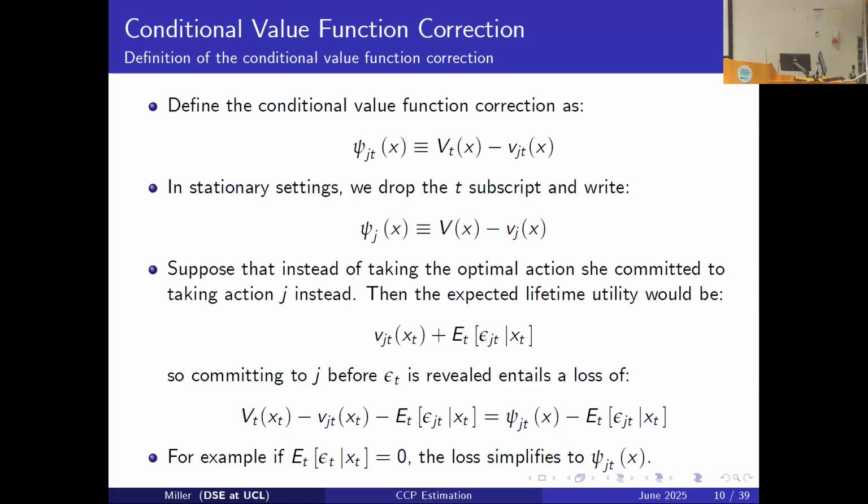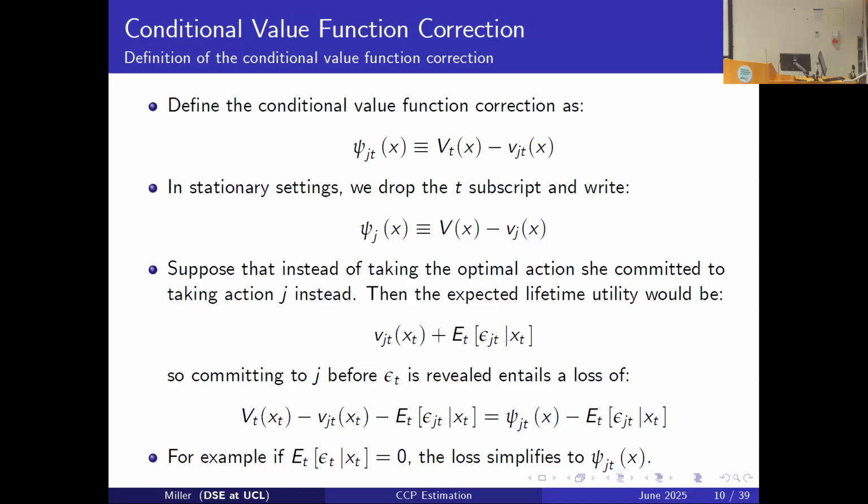So you're going to lose something, because you really should wait till you see the epsilon and then make a choice. So the difference between your social surplus, which is the expected value that I'll get when I make the optimal choice after seeing the epsilons, versus committing to a choice now, what will be my expected value when I'm going to take choice J now, but then in the future I'm promised to behave optimally.